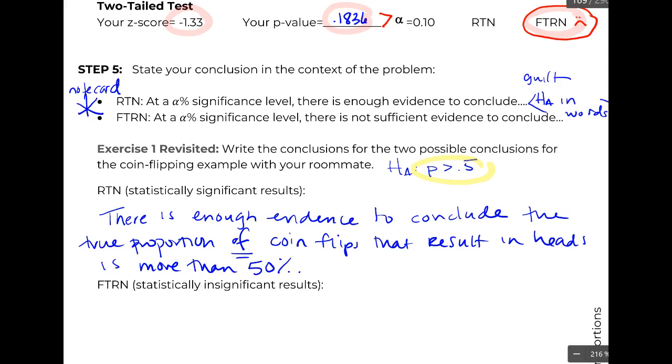So that's one way to write it. And that's really just taking the alternative hypothesis that is a p. What does the p stand for? We have a more than, got it, and then 50% or 0.5.